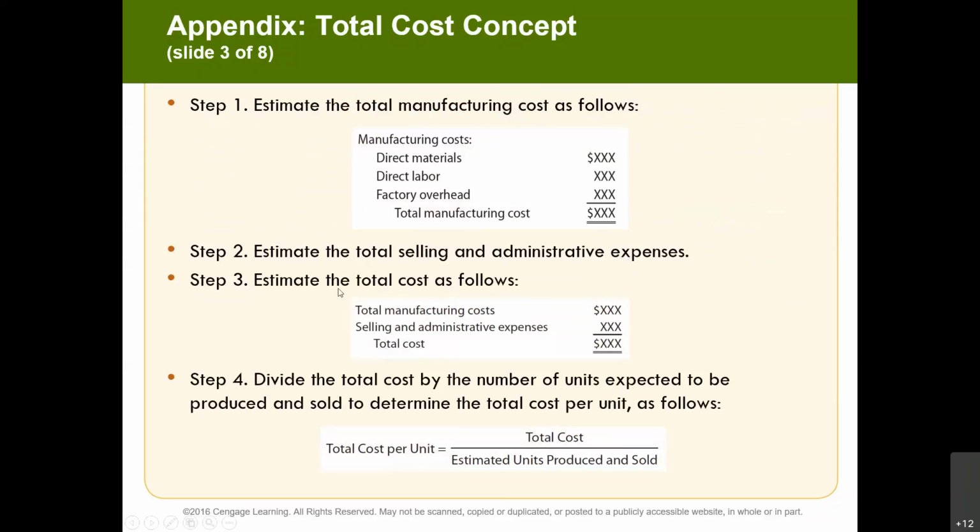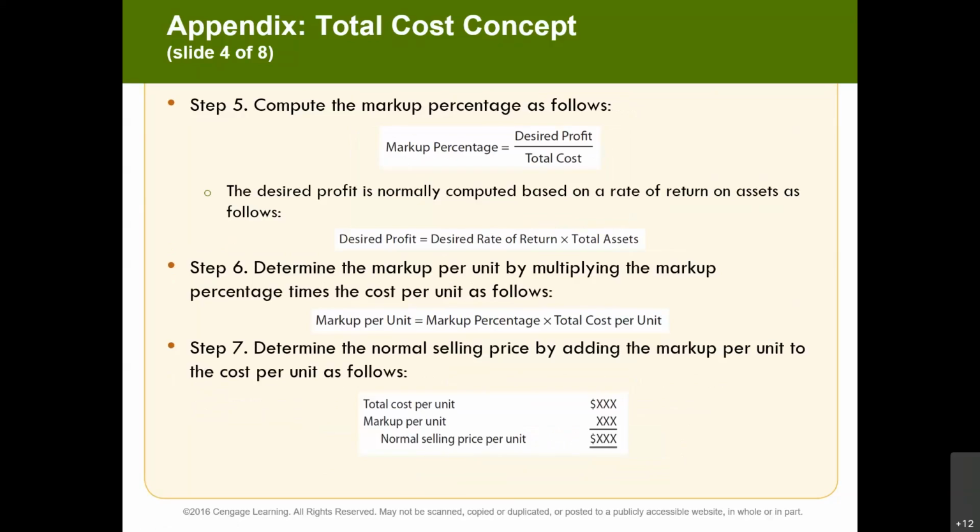Then you estimate the total cost by taking your total manufacturing cost and adding that to your total selling and administrative expenses to get your total cost. And then, of course, step 4 will be to take your total cost and divide that by your estimated units produced and sold. Step 5 would then be to take your desired profit and divide that by your total cost to get your markup percentage.